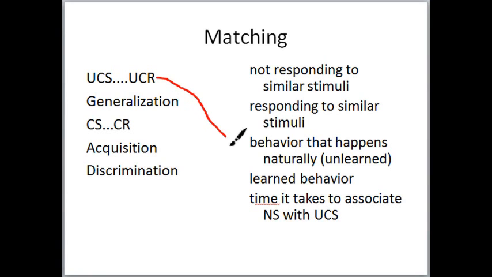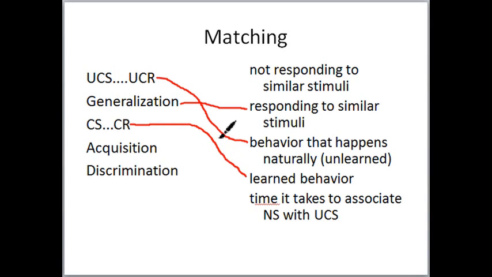Generalization, we just talked about that. That would be responding to a similar stimulus. So the bee thing, you got stung by a bee, and so now you're afraid of all flying bugs. Conditioned stimulus and conditioned response right here, that would be learned behavior, things that we've learned. We have been conditioned to do that, so now it's learned.